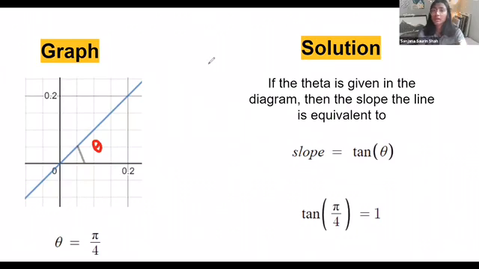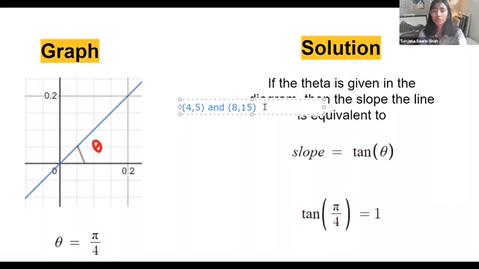Another question could be, in this case, that our two given points are (4, 5) and (8, 15).